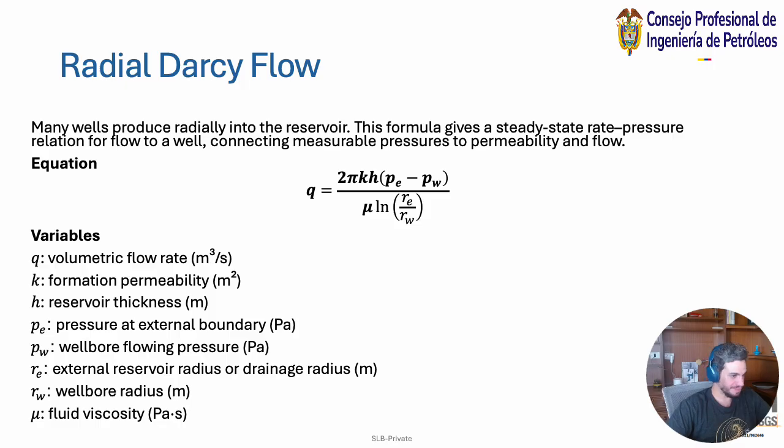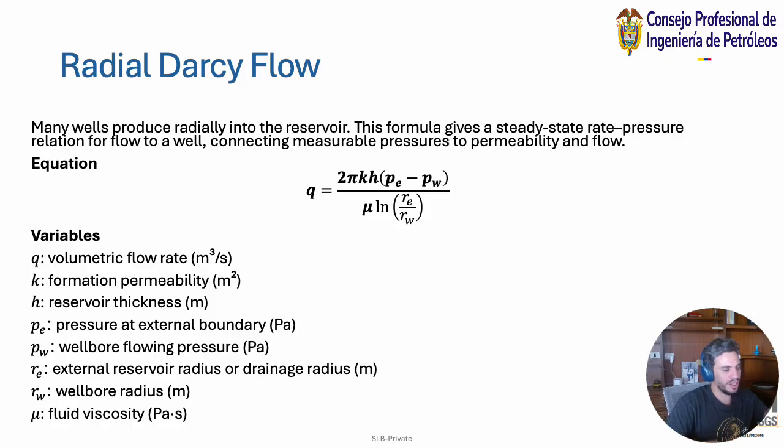Okay, so the radial Darcy flow. When you want to describe things in the oil and gas world, it is natural to describe them radially, right? Because when we produce our hydrocarbons, we're producing them radially with respect to the reservoir into the well. So what this formula gives us, and you can go through the math, is that instead of dp dx, you're doing dp dr, for the given area.